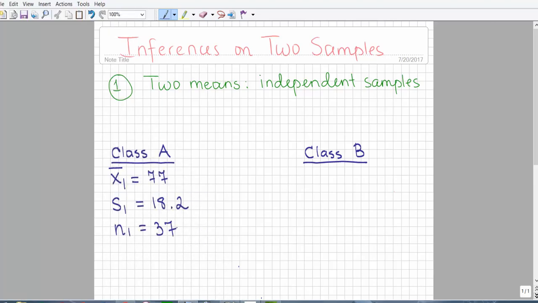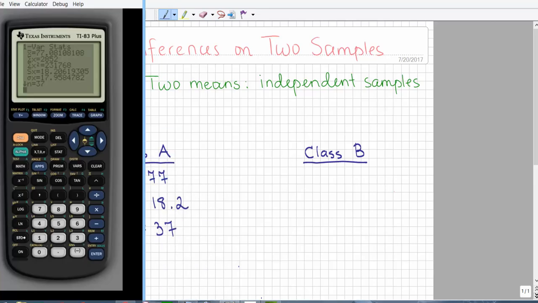So here's class A. These are real numbers. For one of my classes, I have 37 students. Sample mean for the midterm score was 77 with a standard deviation of 18.2.